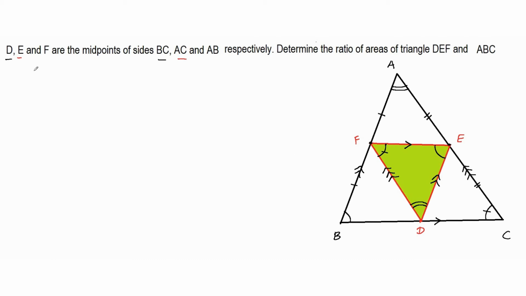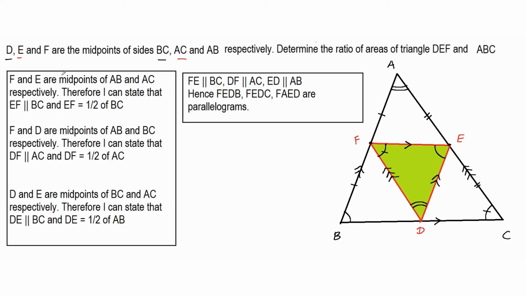So I can first state the parallel lines using the midpoint theorem. Using the midpoint theorem, I was able to state all these three properties, 1, 2 and 3. I showed that the lines were parallel, and that is how I concluded statement number 4, which said that I had a lot of parallelograms in this diagram.